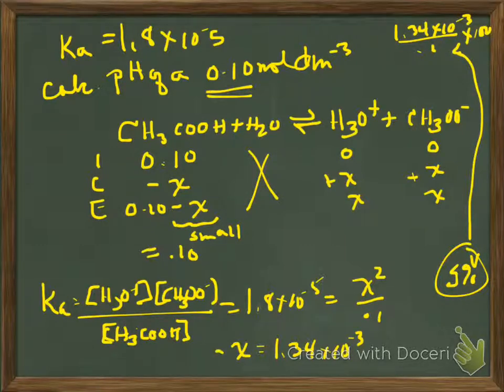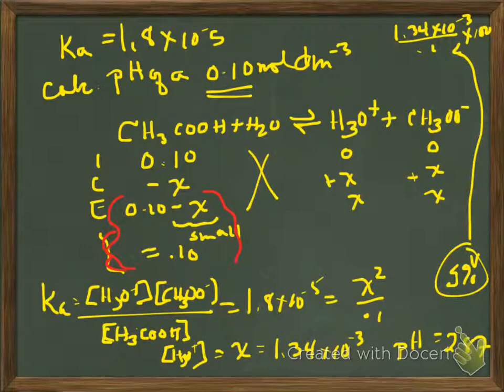So this x is the concentration of the hydronium. Then you can find the pH by taking the negative log of that, and you should get 2.87. Most often, you're going to be able to make this assumption. Most often for IB, this assumption is going to be valid.